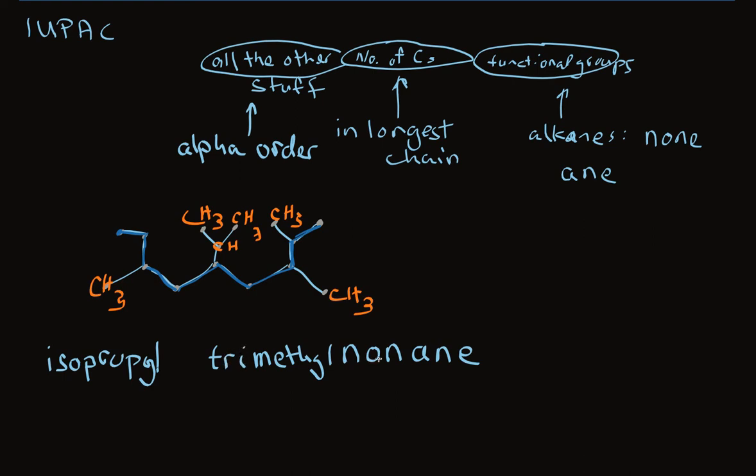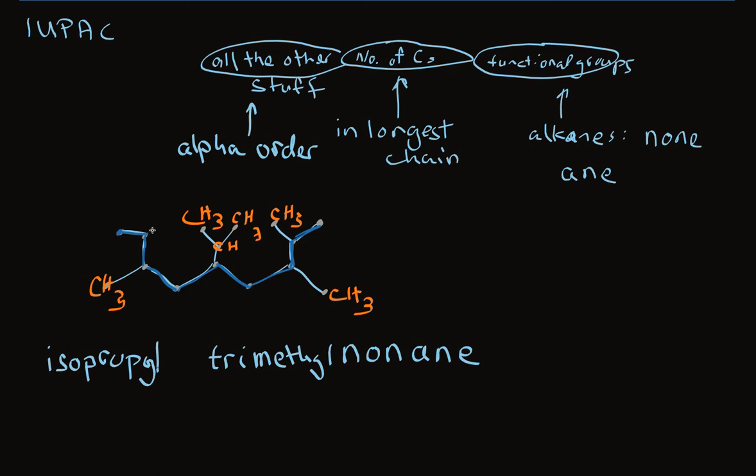And what remains is for us to say where these methyl groups are. So we need to number this 9-carbon chain we've got. Let's do that. And we will number from the end, where when we start along the chain, we first come to an attachment. In other words, the end where there's an attachment closest to the end.